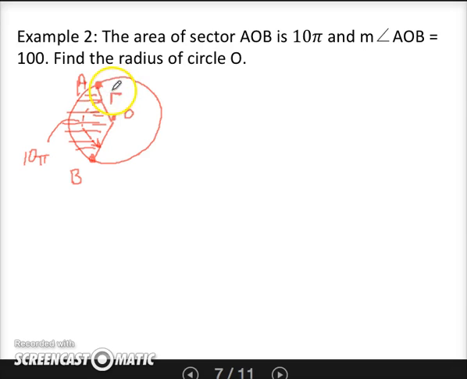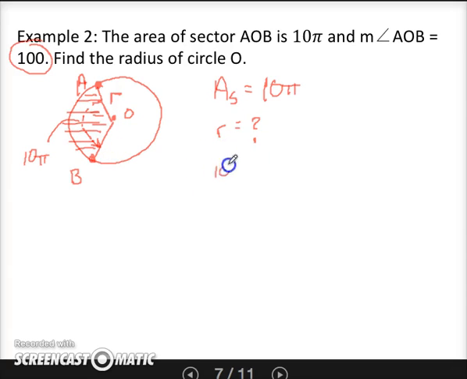So what we can set up is that the area of the sector, I'm going to write A sub S, is equal to 10 pi. That's our given information. And we want to find the radius. So I'm going to set up this fraction. We know that 100 degrees is the measure of this sector.